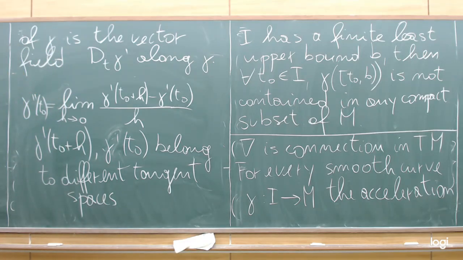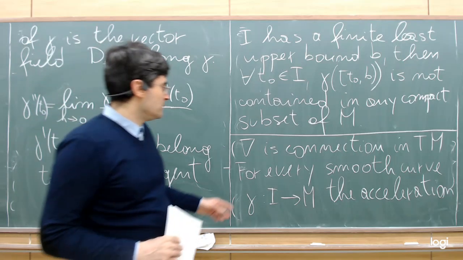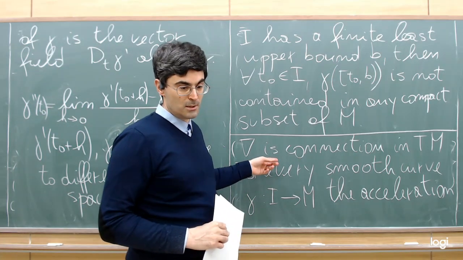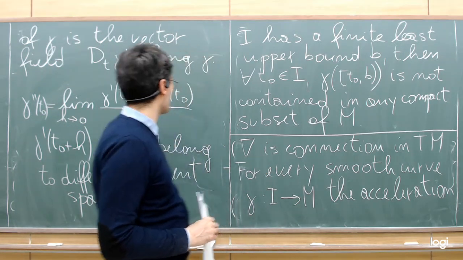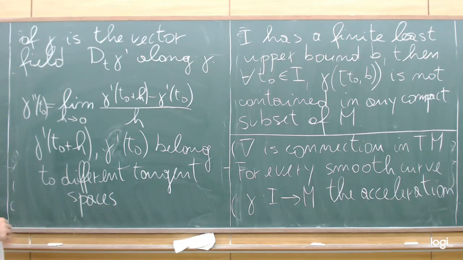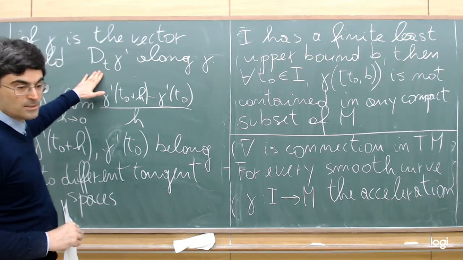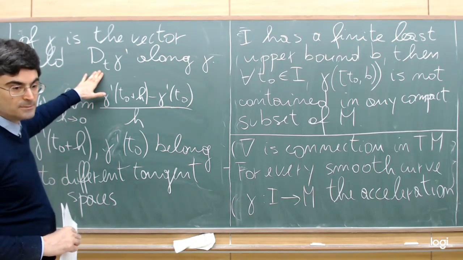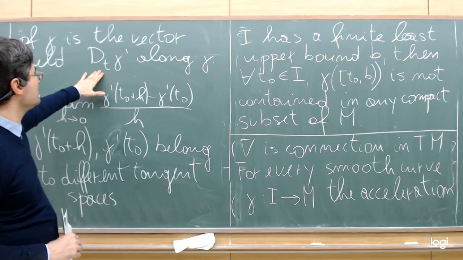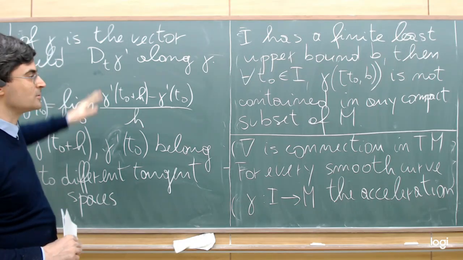And this is the reason why connections have been introduced, and this is why we use the covariant derivative along the curve gamma for defining the acceleration.